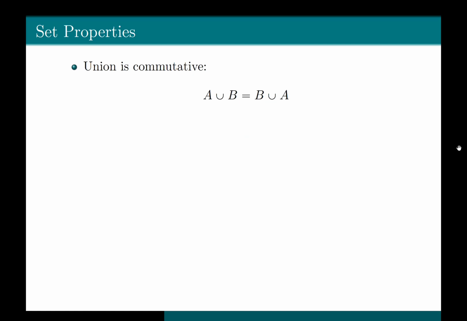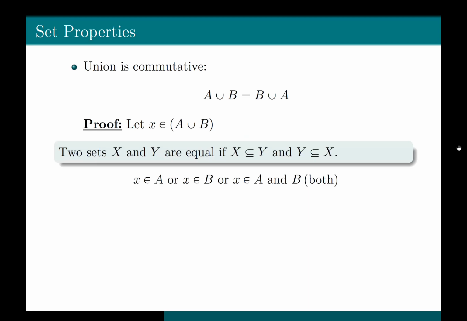We are trying to prove that the set A union B is equal to the set B union A. Okay, so we'll use a fact over here. The fact which we're going to use is that if we have two sets X and Y, they are equal if and only if X is a subset of Y and Y is a subset of X. This is the definition which we are going to use.